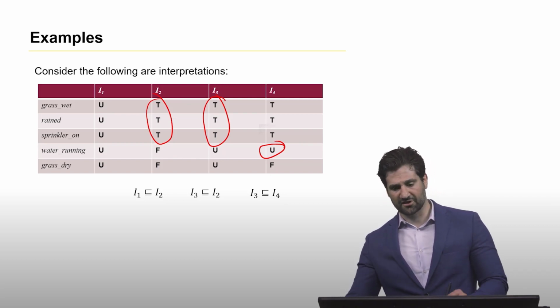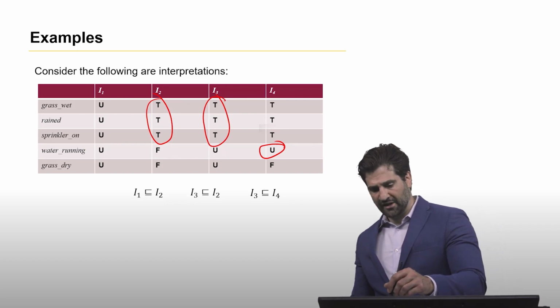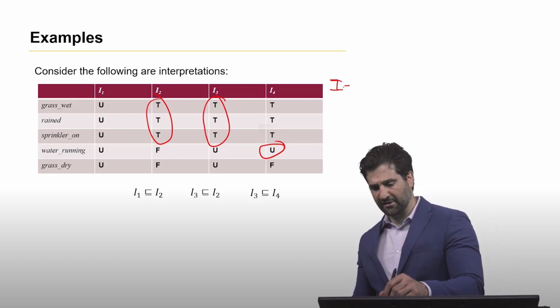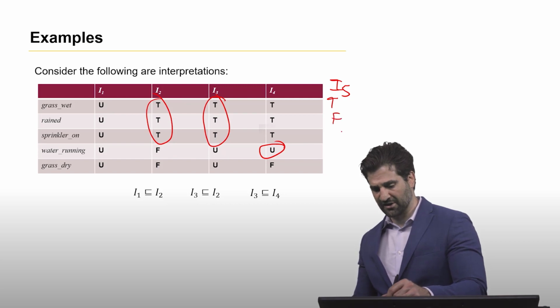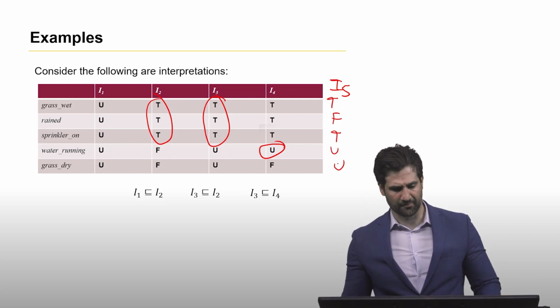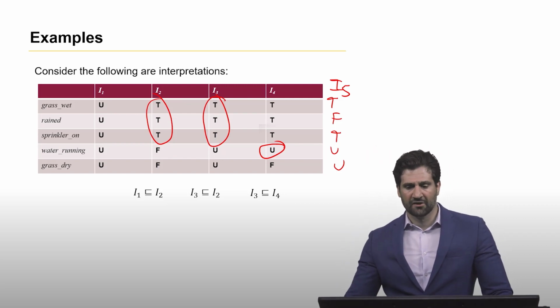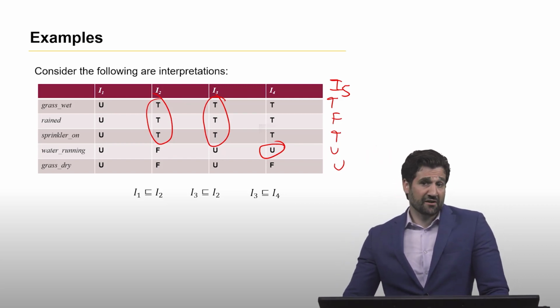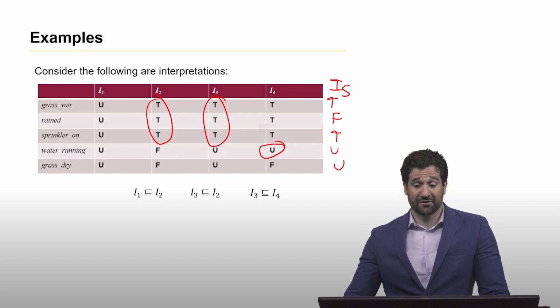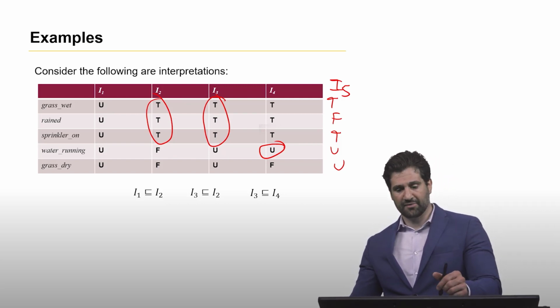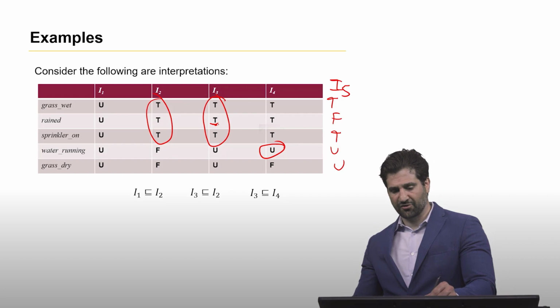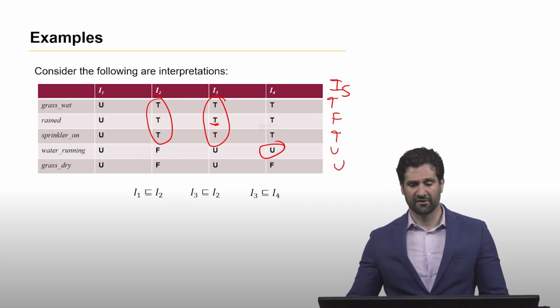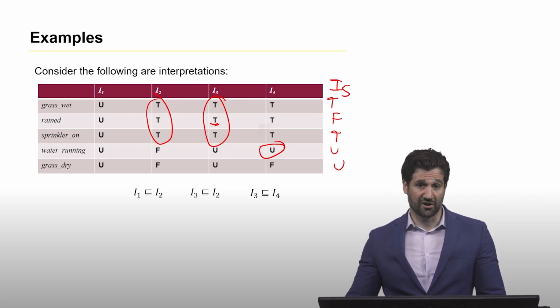Now let's say, for example, that we have I5, and let's say this is true, this is false, this is true, this is unknown, and this is unknown. Okay? So I3 is not comparable to I5. It's not either above or below, and that would be because of this truth value here for if it rained, where I5 is saying it's false.